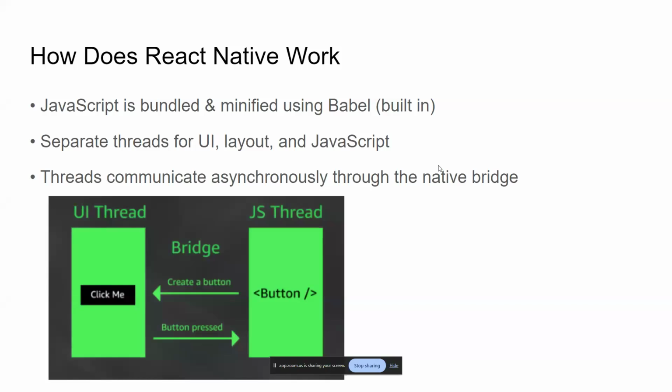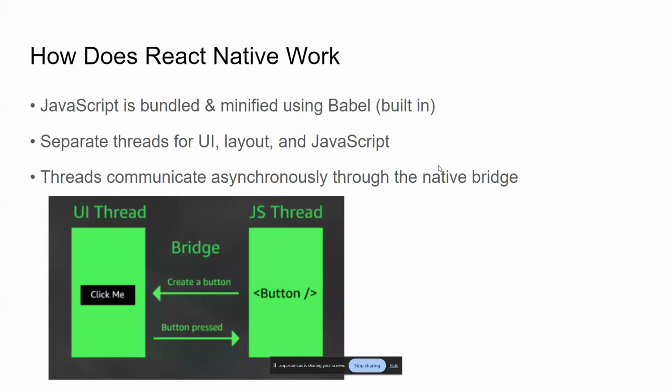JavaScript is bundled and minified using the Babel library. Babel is a built-in library in React, and it will minify the JavaScript. Minify means it will compress and reduce the complexity of the JavaScript.